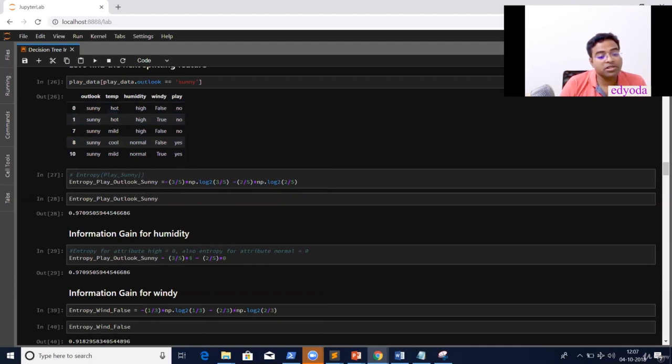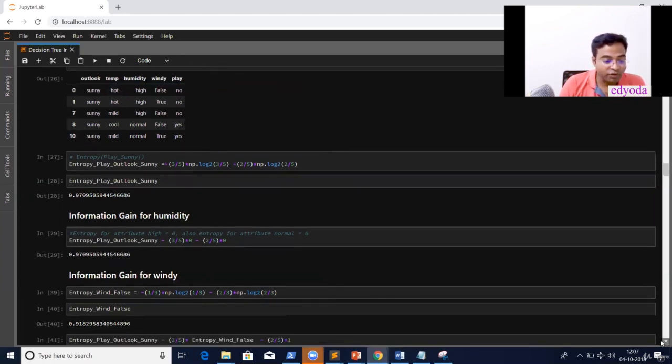So the entropy for the high attribute and the normal attribute will be 0, because all of them are of the same class. You don't need to calculate it. We know that for this feature the entropy is 0, for this feature the entropy is 0. So finally the information gain for humidity will be this value minus 0.